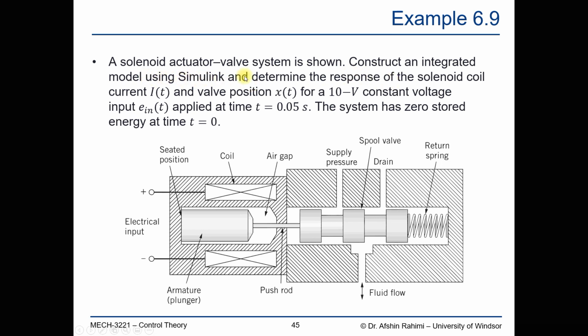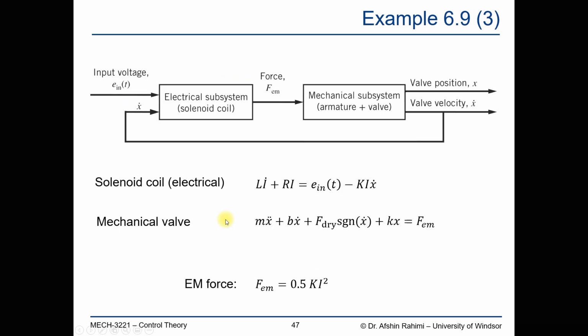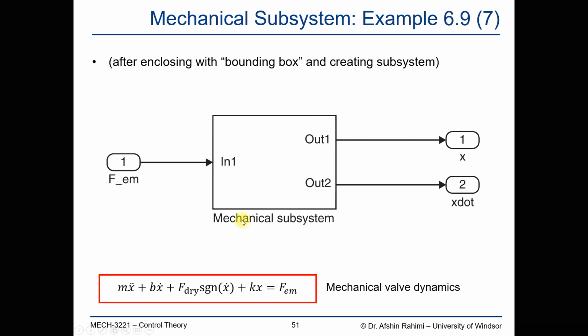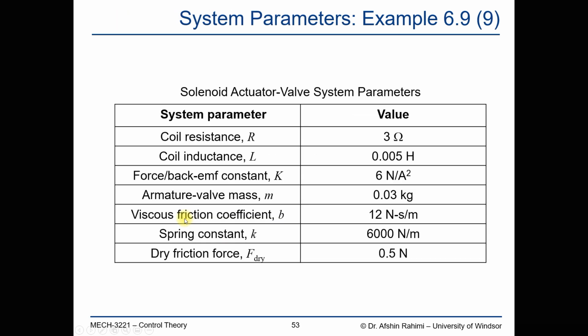So here it is asking us to determine the response of the solenoid coil current and the valve position x. So we actually would need to get the current from the electrical part as well, which we could easily get as an output. Here, i, we are able to output it to the workspace. If we wish to plot it in a scope, we can also output it as an output from the subsystem. So for this example, we also have all the information for individual elements in this subsystem as given in this table, so we can input them.